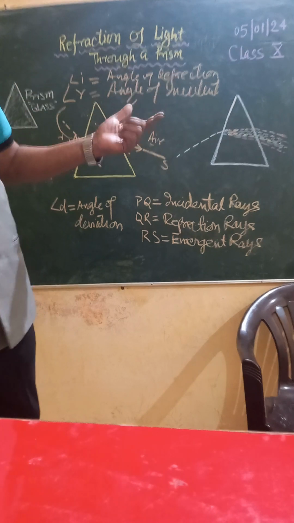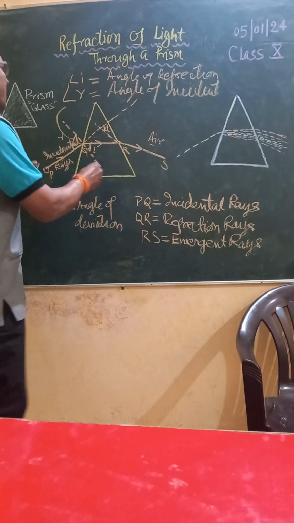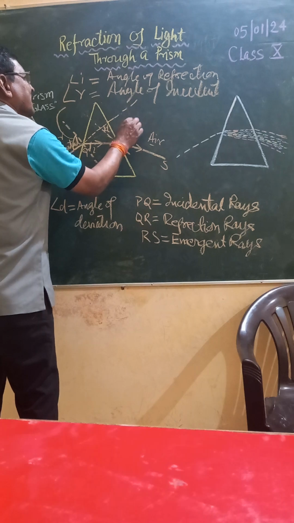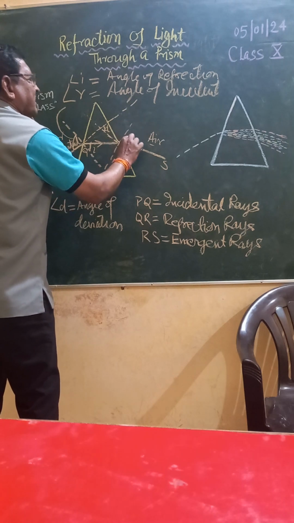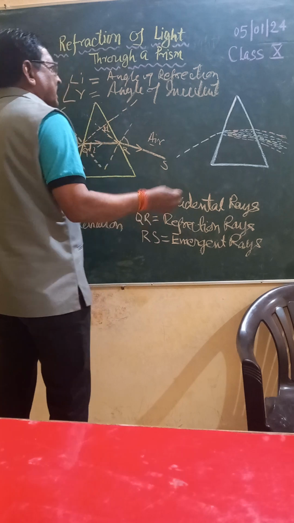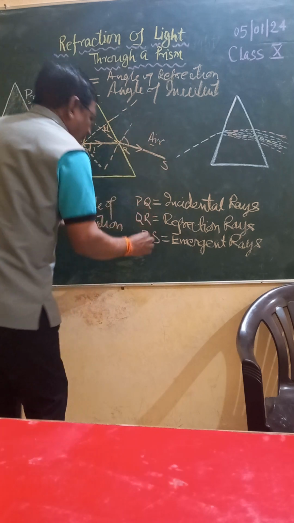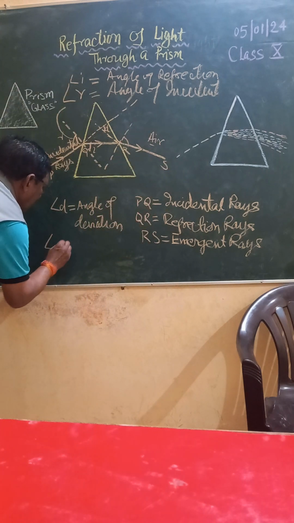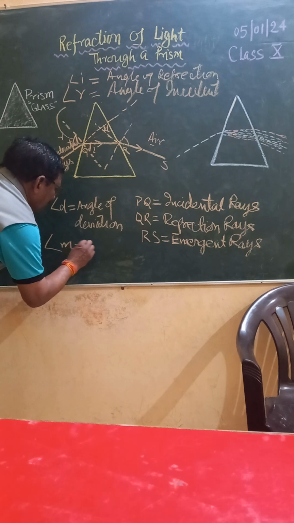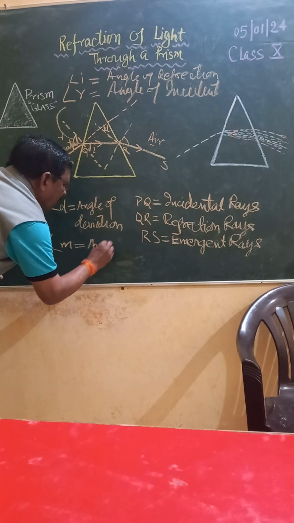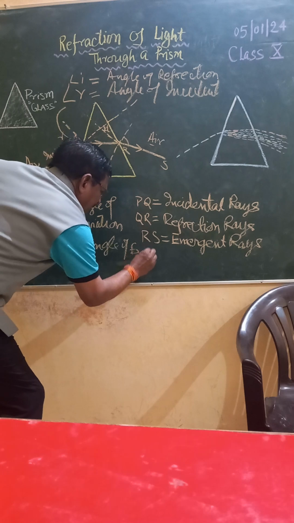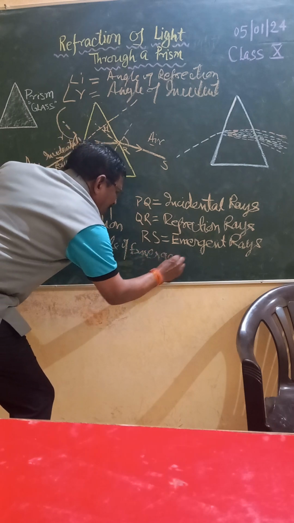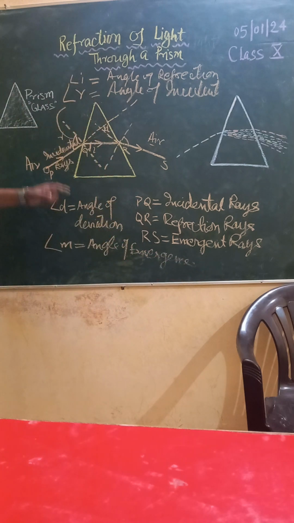What is the angle of emergence? If I draw a line here also on this part, let me take it as angle M. Angle M will become the angle of emergence.